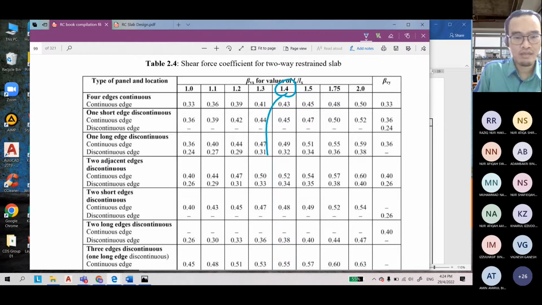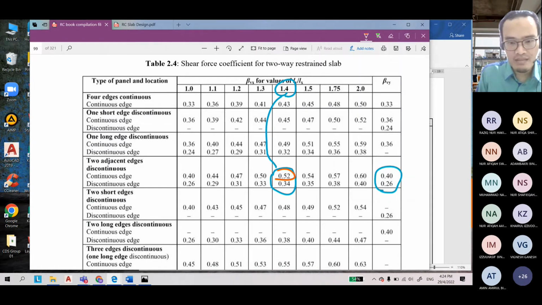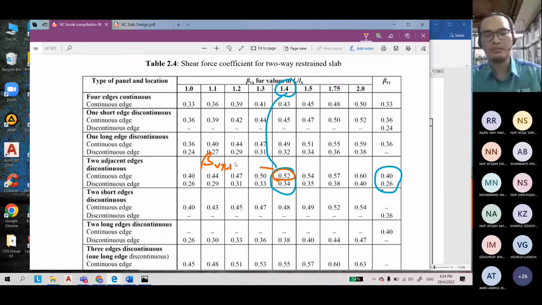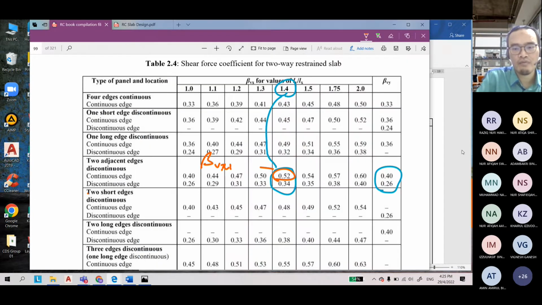So this one and this one. You select the maximum coefficient. In this case, this is our maximum coefficient, which is beta vx1. So you select beta vx1, which is equal to 0.52.